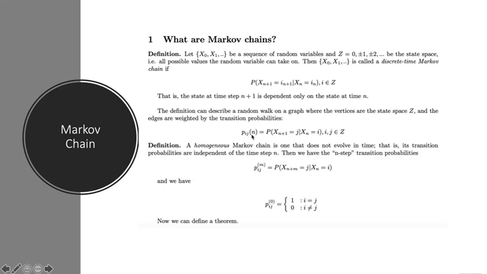In period n, it is P of X(n+1) equals j, with the condition X(n) equals i. So given condition i and becoming j from period n to n+1, we call this probability P_ij(n).